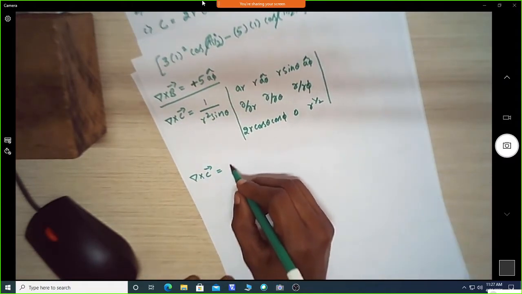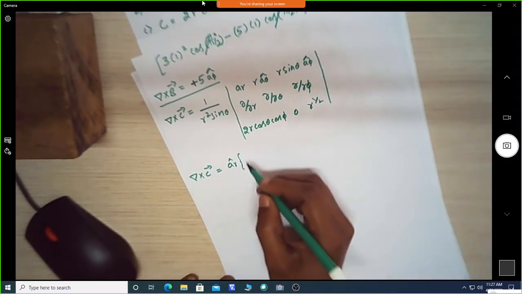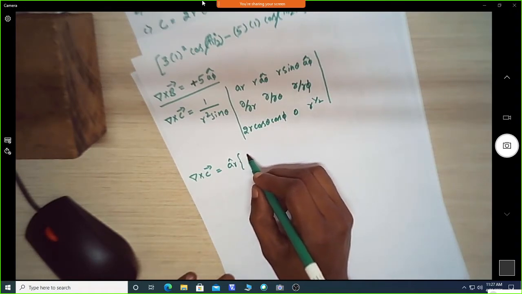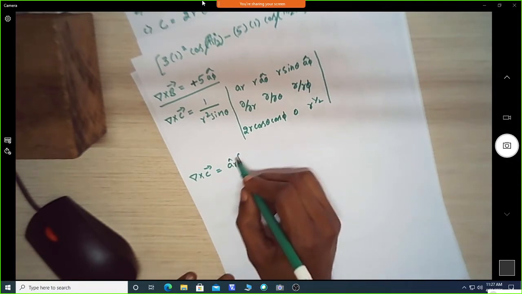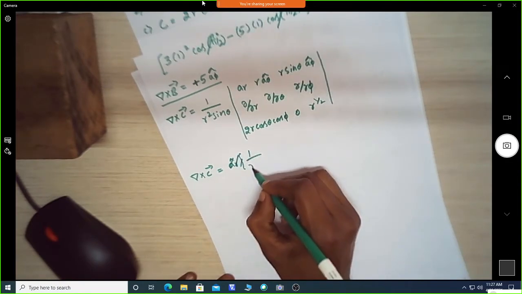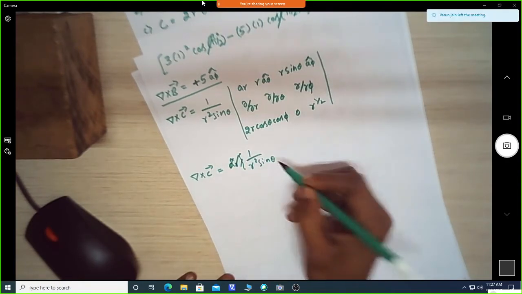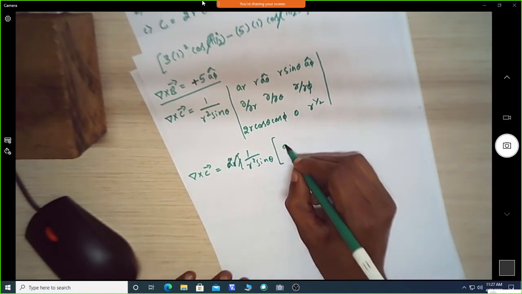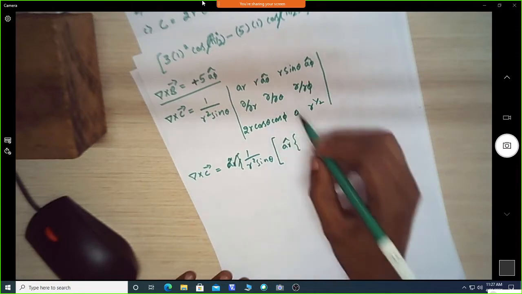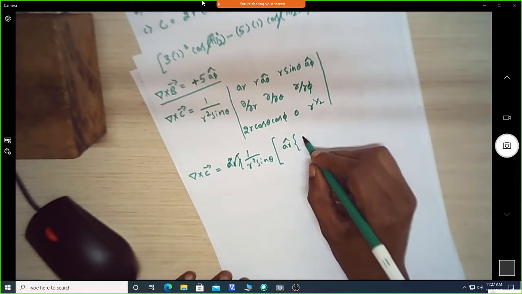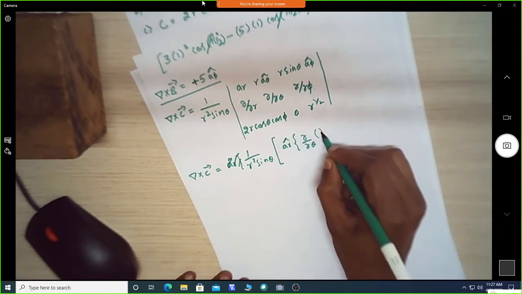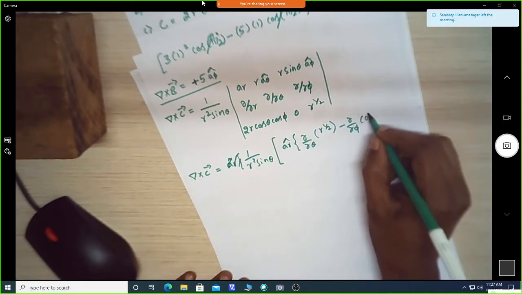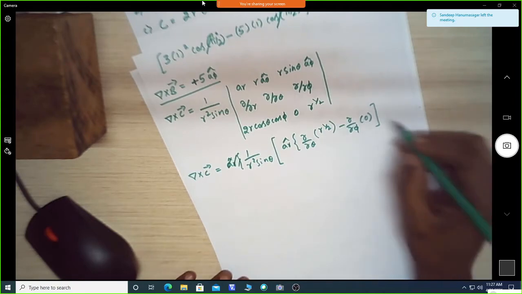So what is the AR component? We can have 1 by r square sin theta outside. So in this, the AR component is del by del theta of r power half minus del by del phi of 0. So this is your AR component.